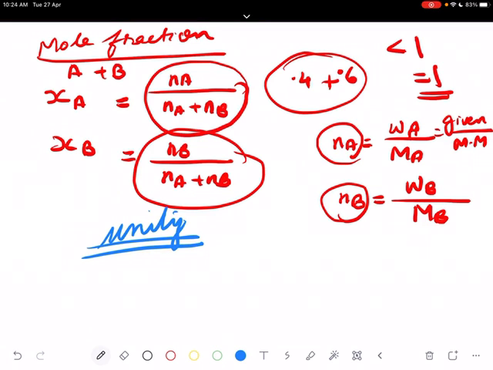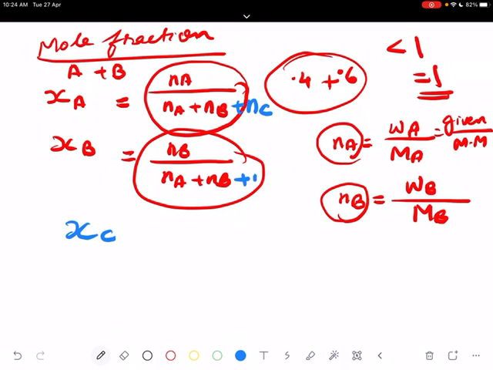Suppose there are three components. Then XC, here it will be Nc. And Xc is equal to Nc upon Na plus Nb plus Nc. Now you add all those things.